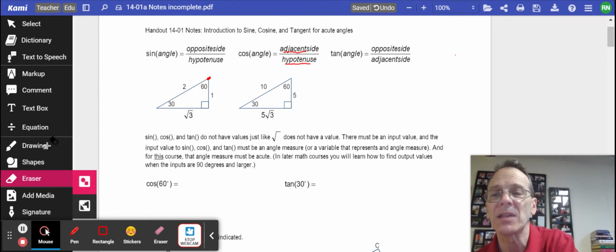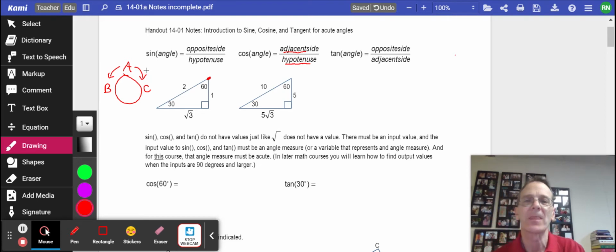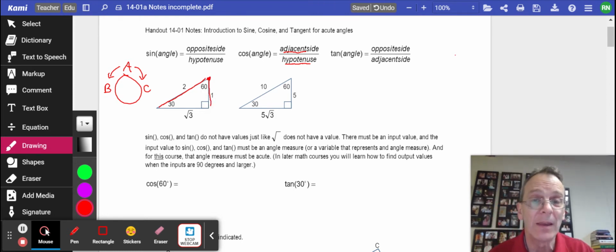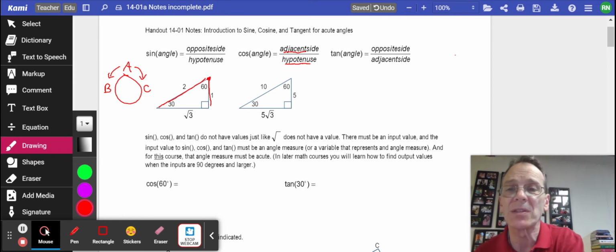Which is the adjacent side? Well, again, sort of like somebody sitting at a round table, person A sitting adjacent to person B and person C, there are two sides of this triangle that are right alongside you, right next to you where you're standing. You're standing here at the vertex of the 60-degree angle. You're standing at one end of this side of the triangle, and you're standing at one end of this side of the triangle also. In a sense, they could both be considered sides that are adjacent to the 60-degree angle.